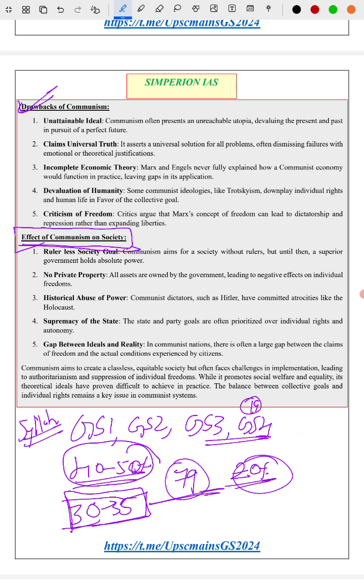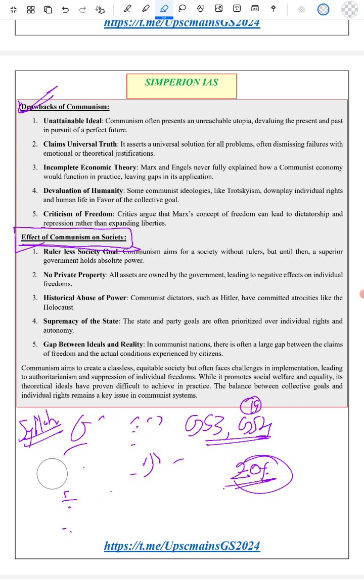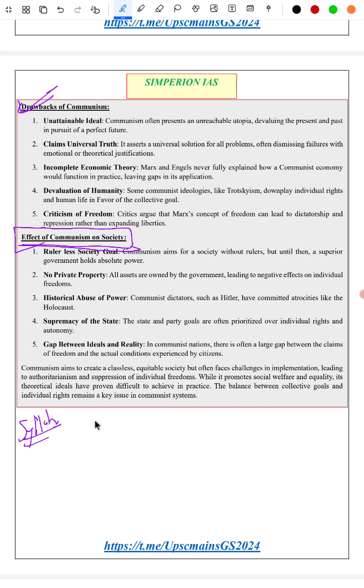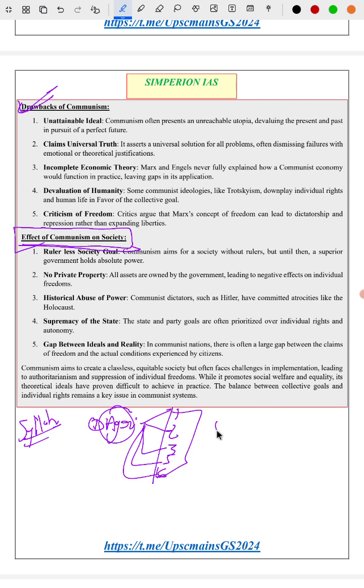PYQs are important even in the essay. If you go through the PYQs, rather than knowing the exact topic, we can guess the themes. What are the important themes of UPSC? One important theme, let's say, is agriculture. UPSC might have asked 5 different topics in the last 10-15 years on agriculture, but the important theme is agriculture. Another important theme in essay is women.